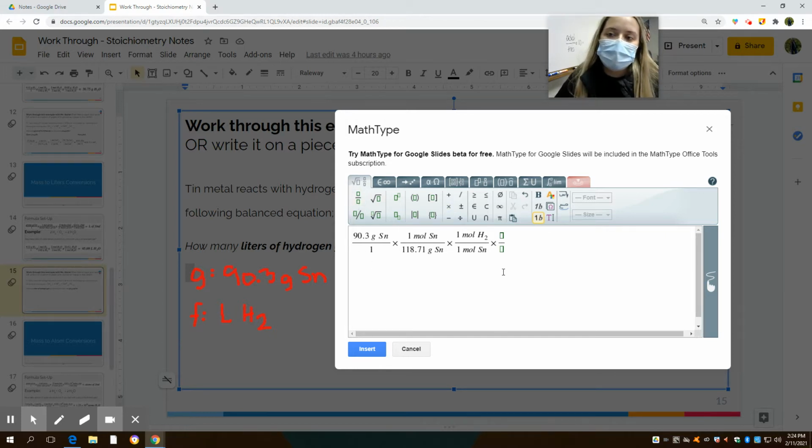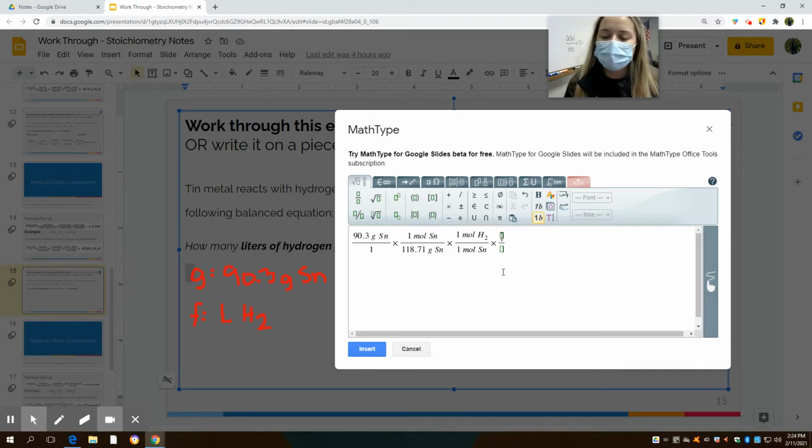This right here is the new part. Okay, so this is where we're going to use this new conversion factor of 22.4 liters of gas for every 1 mole of gas at STP. STP means standard temperature and pressure, okay?